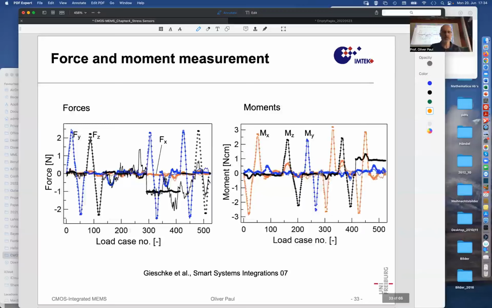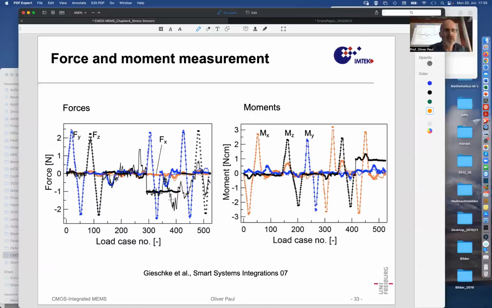And I will stop with this experimental graph that was a calibration result that showed that actually what was extracted, or what was concluded to be the force components Fy, Fz, Fx, is indeed what has been applied by some measurement setup that we conceived.